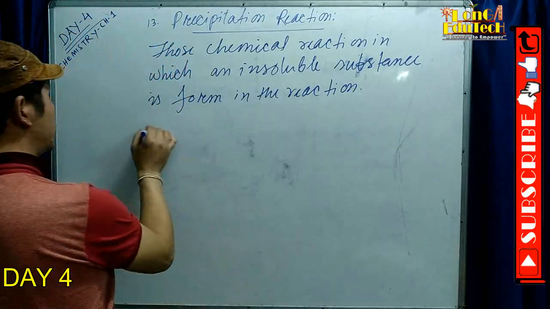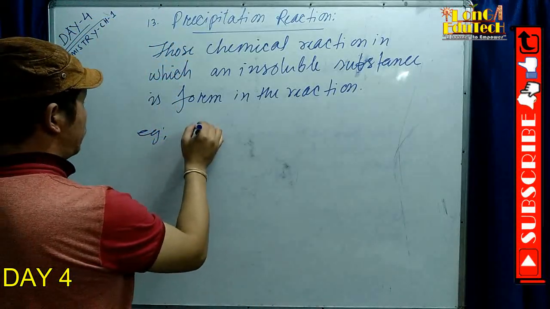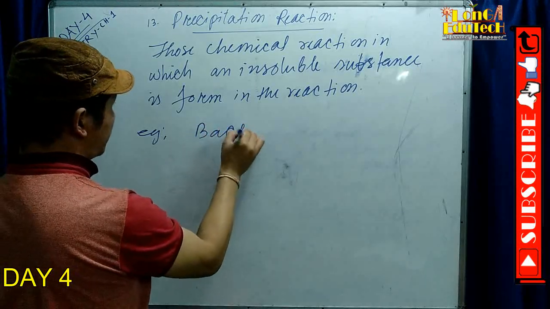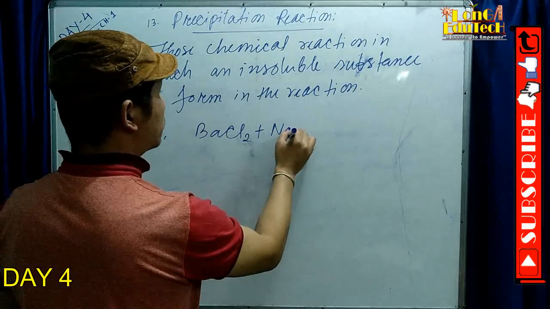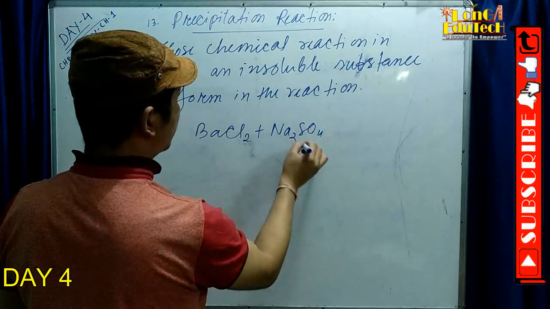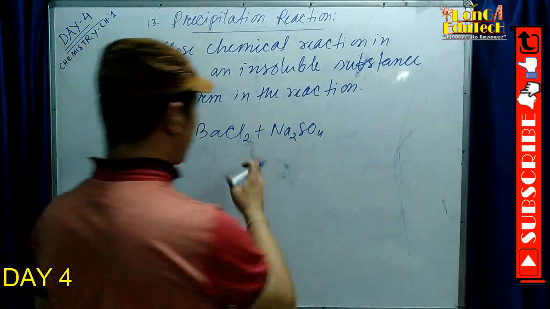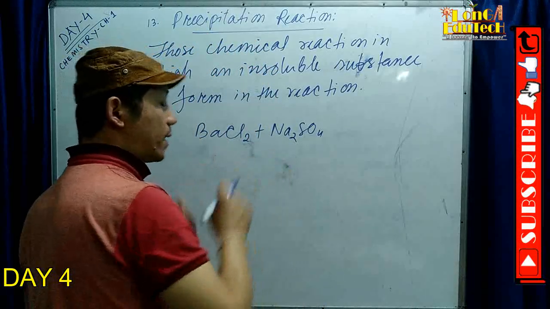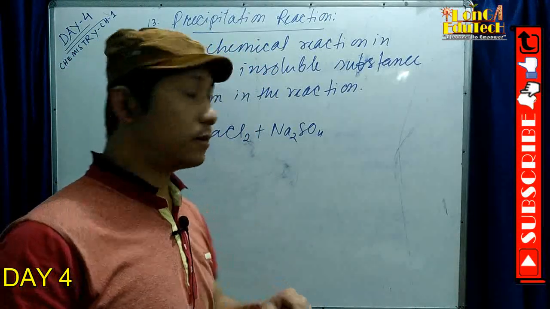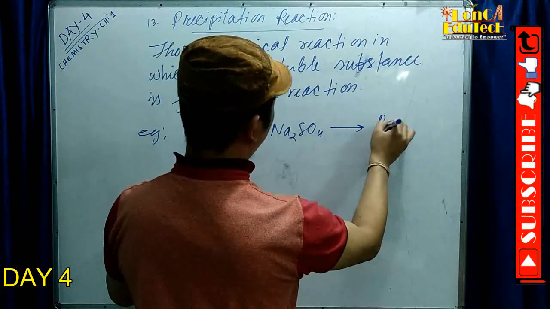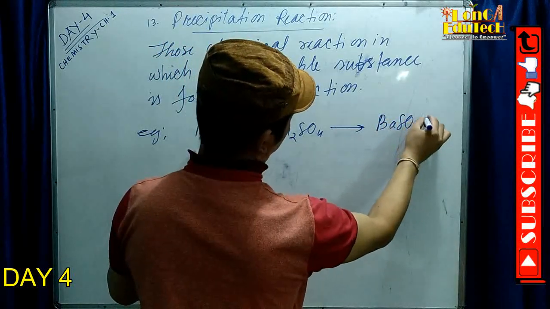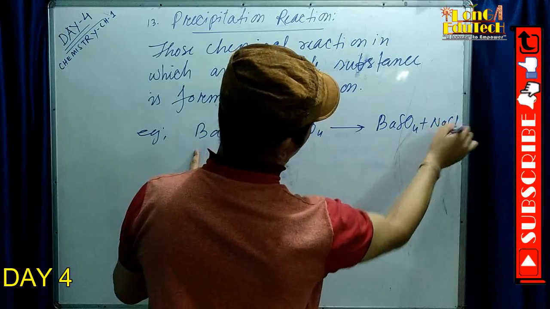For example, say barium chloride when reacted with sodium sulfate. Both of them are white in color when solid, and when dissolved in water they are colorless and soluble. When they combine, it will form barium sulfate plus sodium chloride.